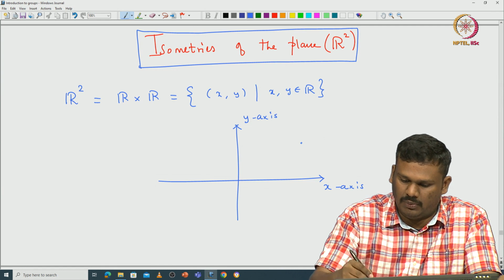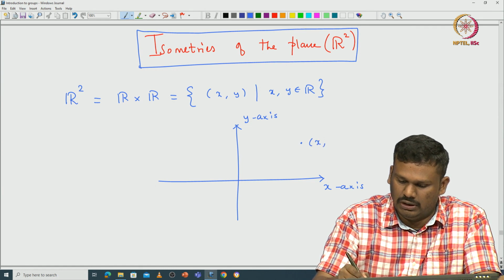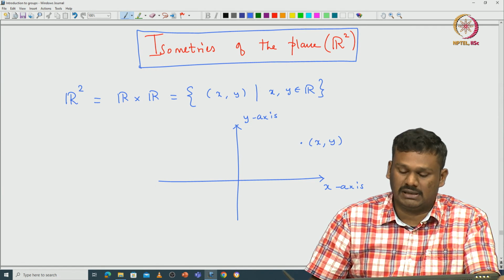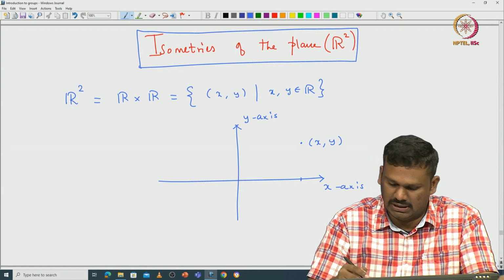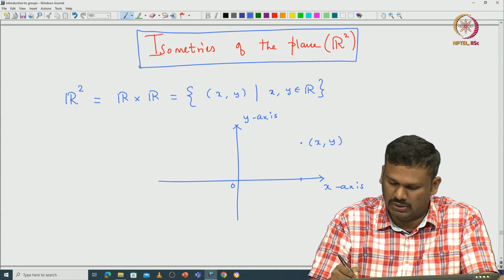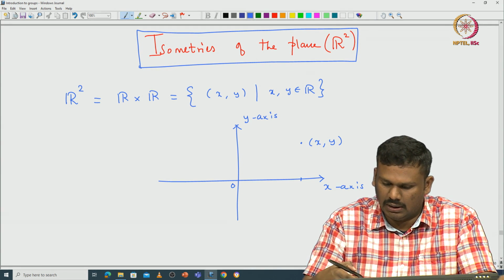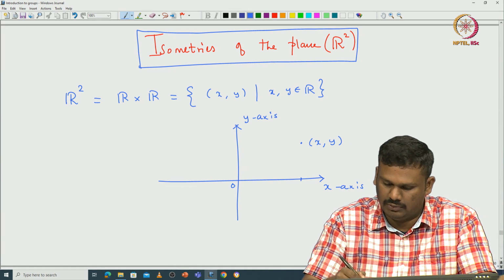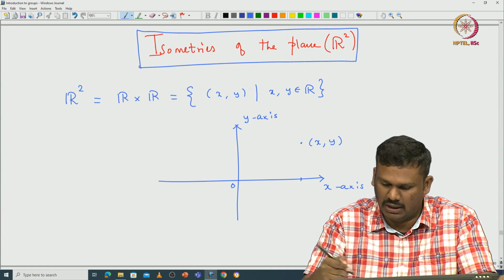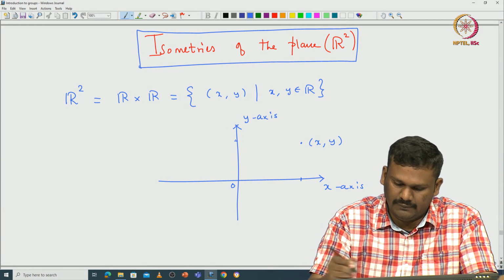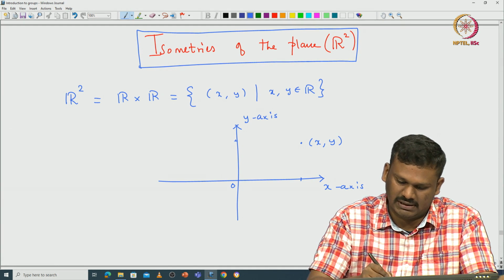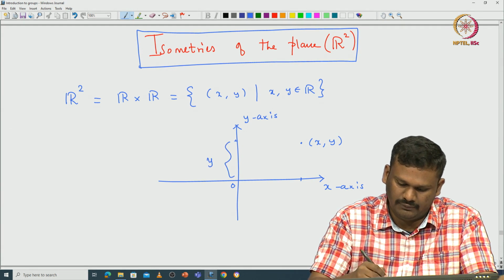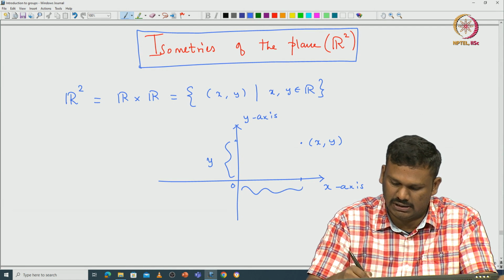Any given point is denoted by this tuple x comma y, where x measures the distance from the origin to the projection of x comma y on the x axis. Similarly, y measures the distance from the origin to the projection of x comma y on the y axis. So this is your y, and this distance is your x.